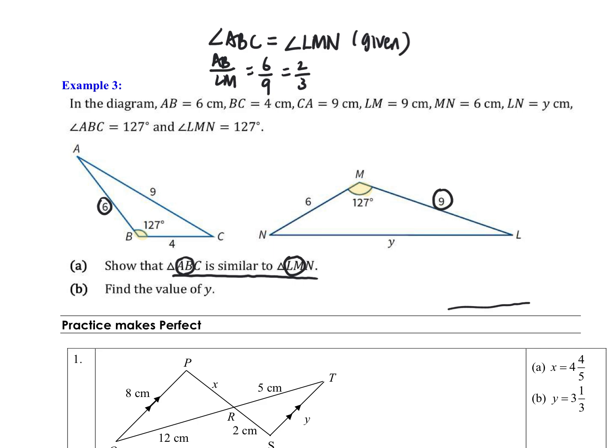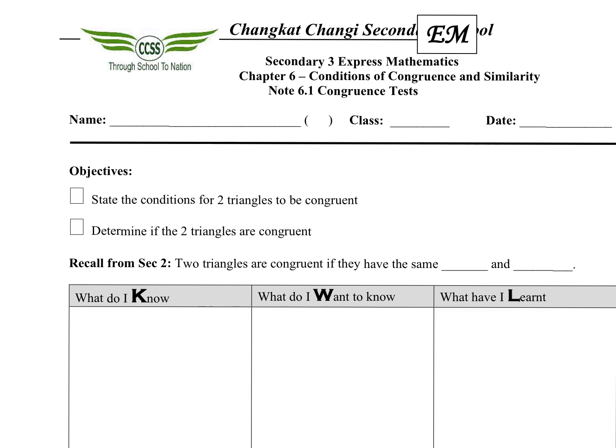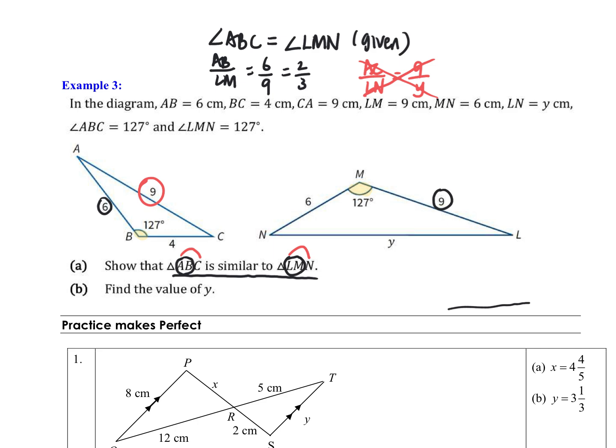I don't know whether I can find another pair, so let's check the other one. AC should match with LN. AC is 9, LN is unknown. So this pair I can't use. I don't have enough info. Then the last pair, BC, I should compare with MN. So BC is 4, MN is 6.